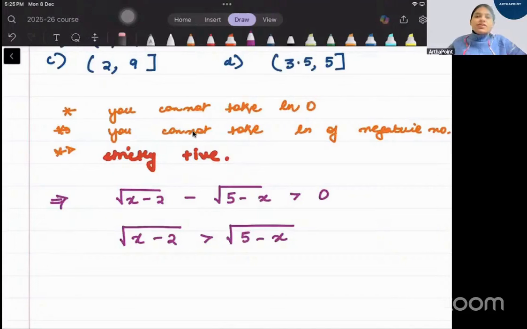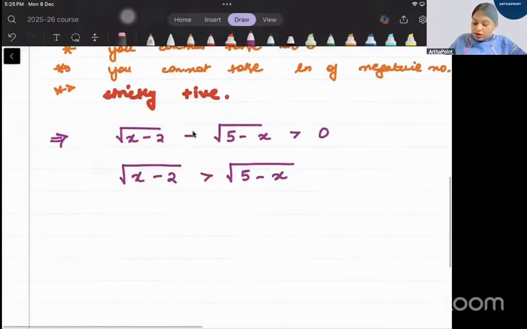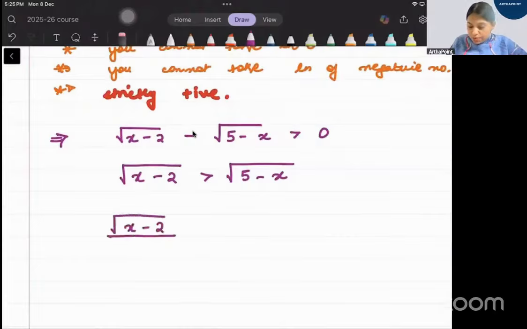Just solve this inequality, and whatever numbers you get, that will be your answer. You can also write this inequality like this: x minus 2 under root upon 5 minus x under root greater than 1.